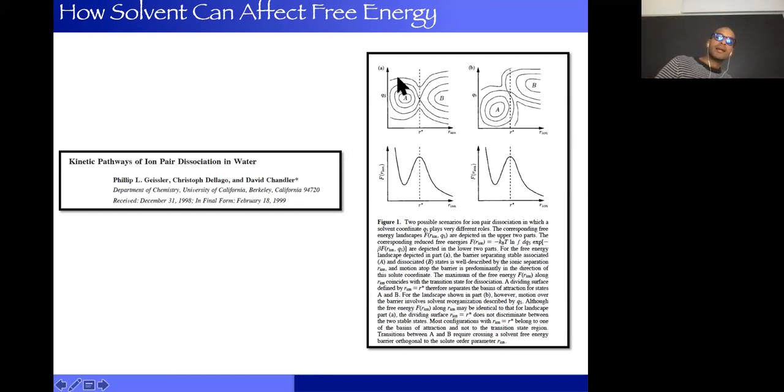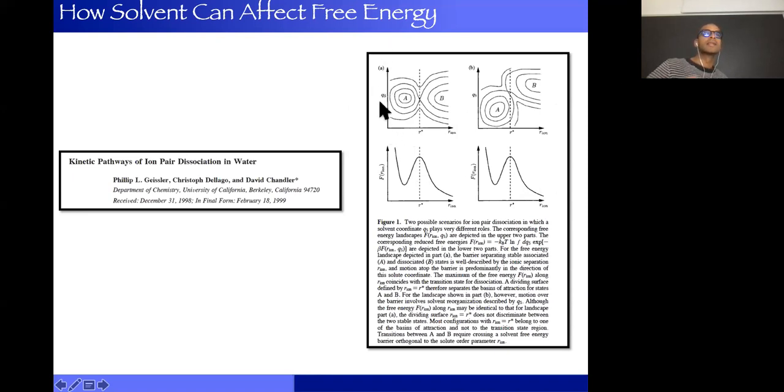And the top panels show the two-dimensional free energy surfaces that lead to the same one-dimensional free energy along the sodium chloride distance. So this is the distance, again, on the x-axis.